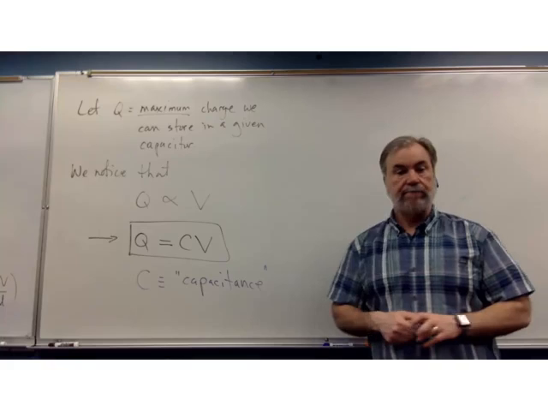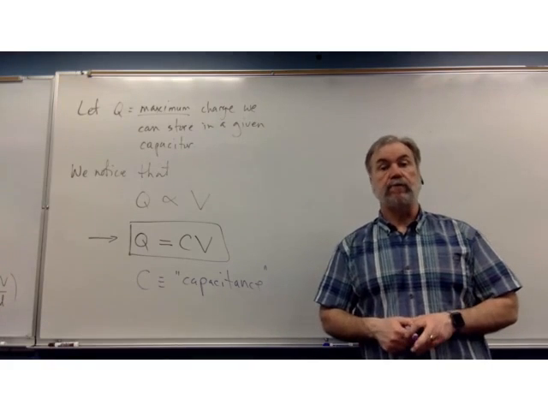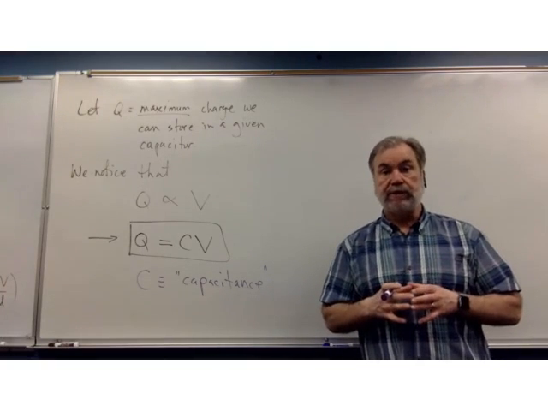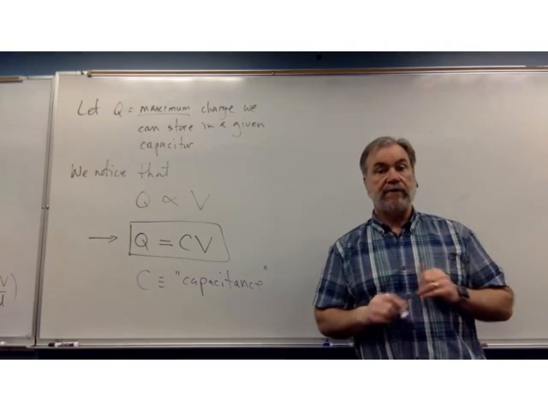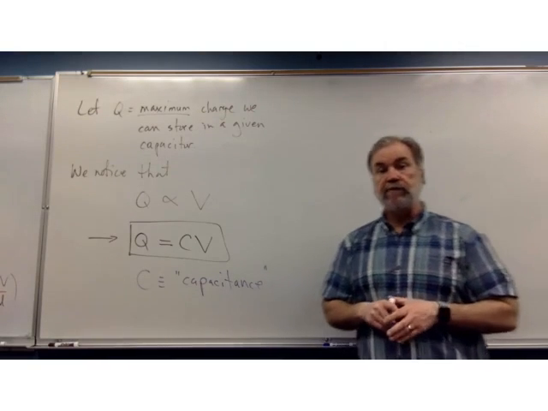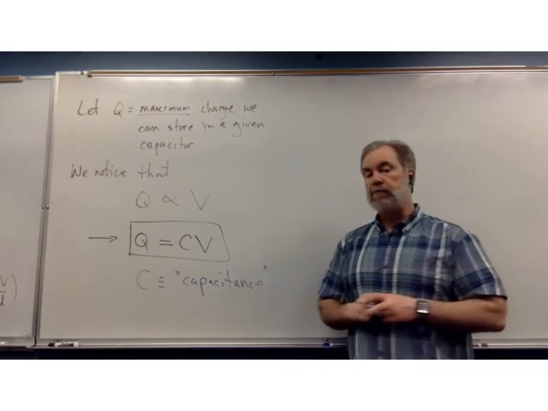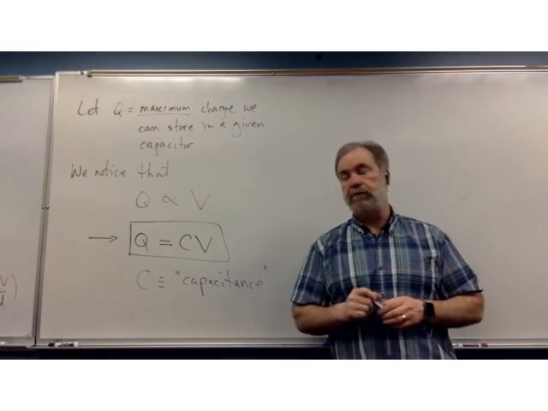Specifically, as it will turn out, C carries information about how the capacitor was built: how big the plates are, how close the plates are to each other, the nature of the stuff that's between the two capacitor plates. Remember, I said that there's usually some sort of insulating material between the capacitor plates. The plates do not actually come into physical or electrical contact until you connect them to the battery.